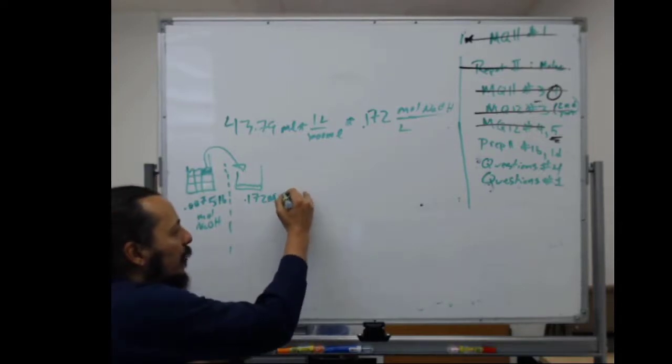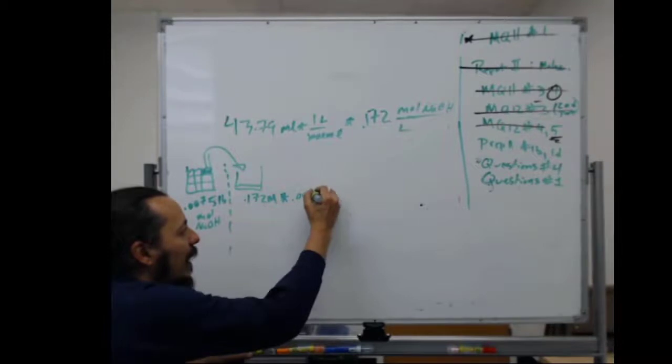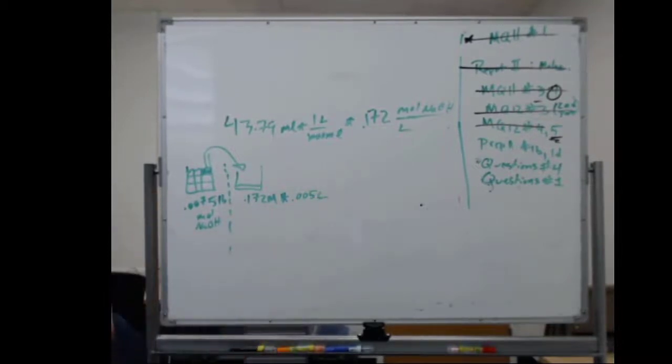So in order to get the number of moles, I'm going to multiply by 0.005 liters. It specifically said 5 milliliters removed. So I multiply those two together, 0.172 times 0.005.